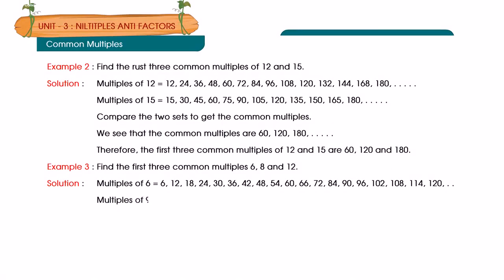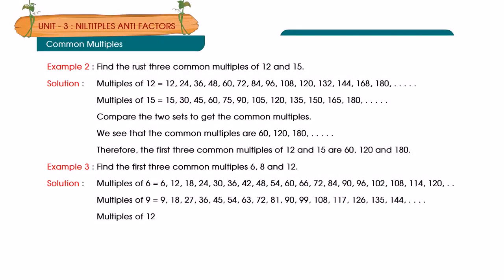Multiples of 9 are 9, 18, 27, 36, 45, 54, 63, 72, 81, 90, 99, 108, 117, 126, 135, 144, and so on.